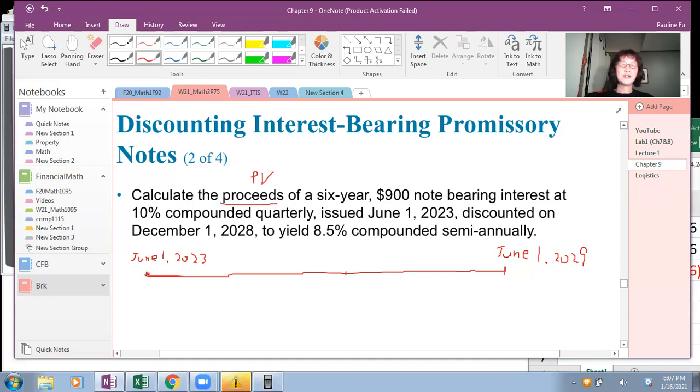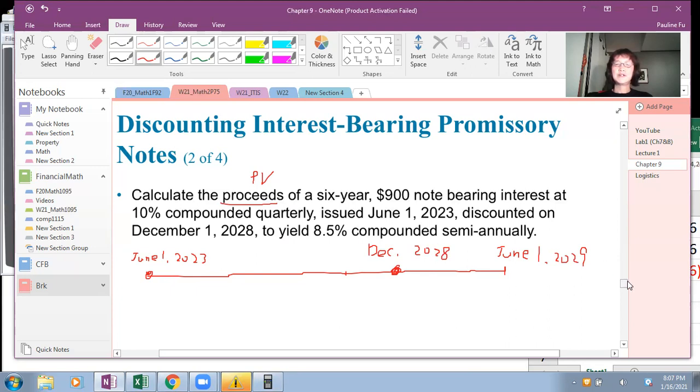This is the issue date, and then discounted on December 1st, 2028 to yield 8.5% compounded semi-annually.